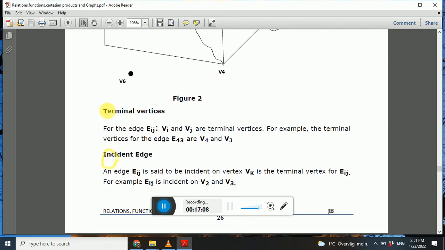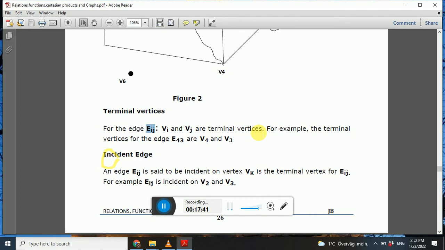Okay, then another term, terminal vertices. So terminal vertices and adjacent vertices are almost the same thing, because we can determine them given an edge. So if you have an edge E_ij, meaning an edge coming from vertex Vi to vertex Vj, then Vi and Vj are terminal vertices.